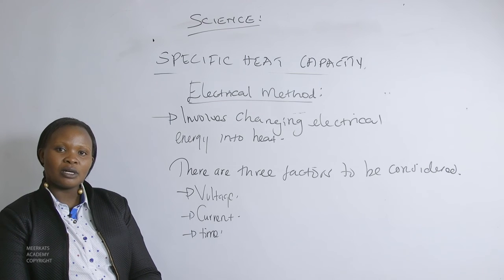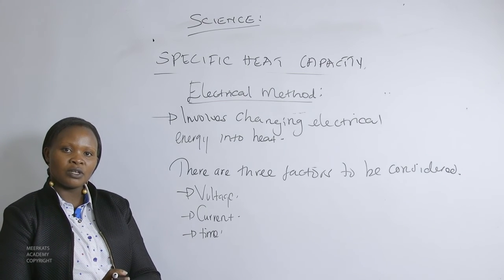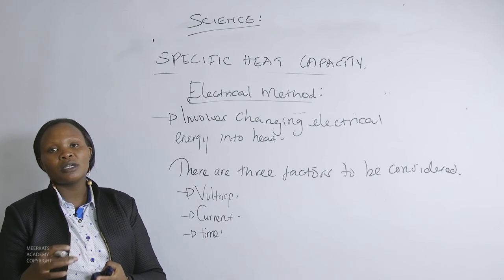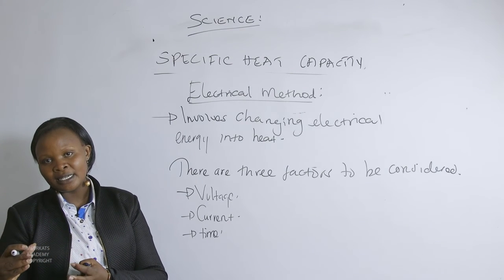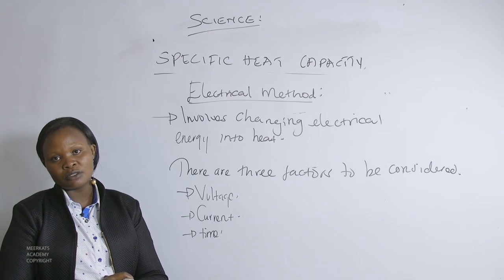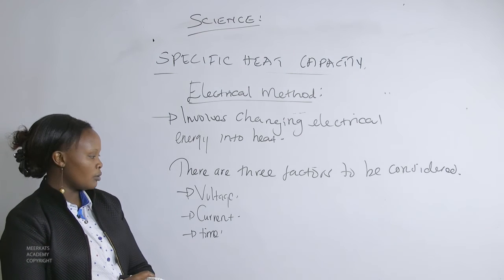Remember, we looked at work and we said it is equal to the amount of energy spent. So the amount of energy that you spend to perform a task is the work that you have done on that particular task in scientific language.